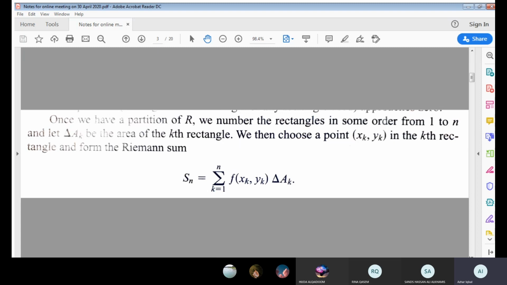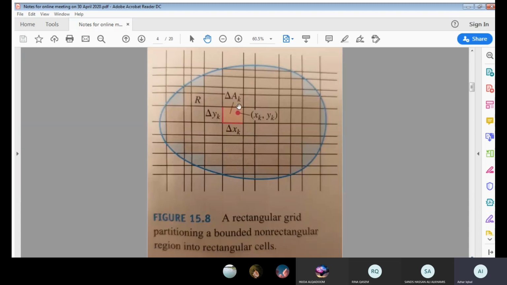If you refer back, this is, for instance, the kth rectangle here. We have numbered all of these small rectangles which are inside this region. This is the kth rectangle whose middle point is this one, (x_k, y_k), with the region located in the xy plane.